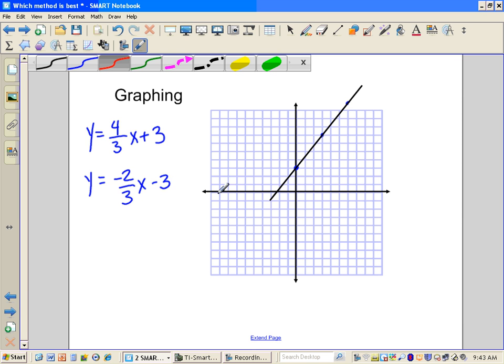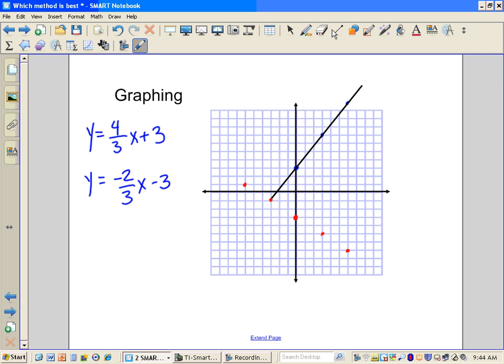Okay, now I'm going to do my other line. I'm going to start at -3 for this one. 1, 2, 3, -3. And the slope is -2/3, so I'm going to go down 2, but still over 3 to the right. So down 2 over 3, down 2 over 3, and I can follow the same pattern, but maybe go up 2 and over 3 this way, and it looks like we're intersecting right there.